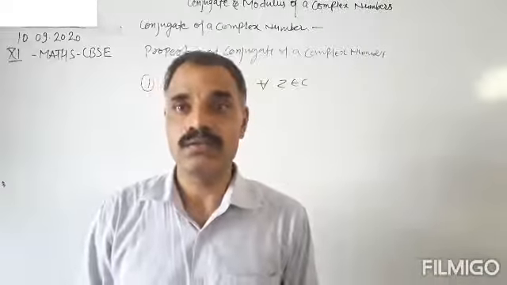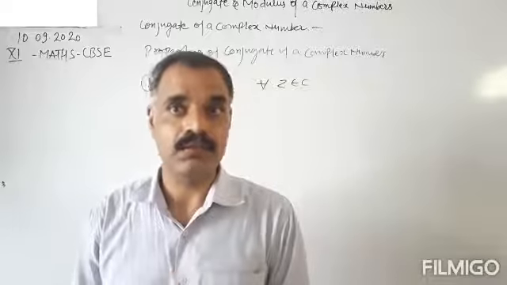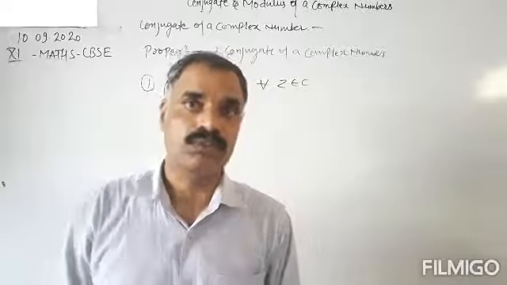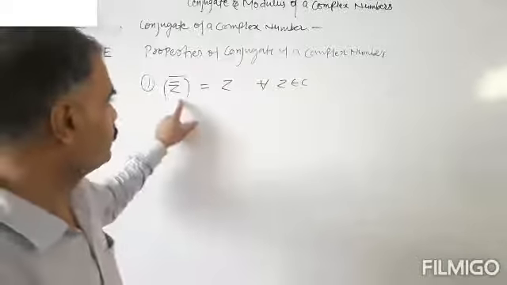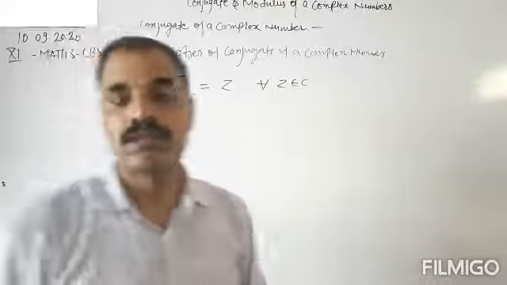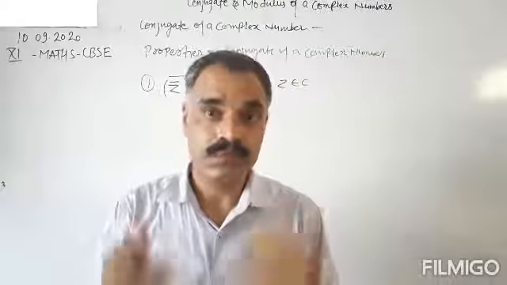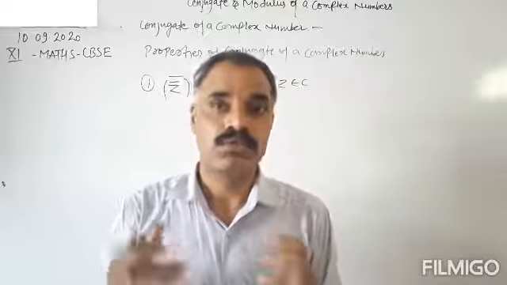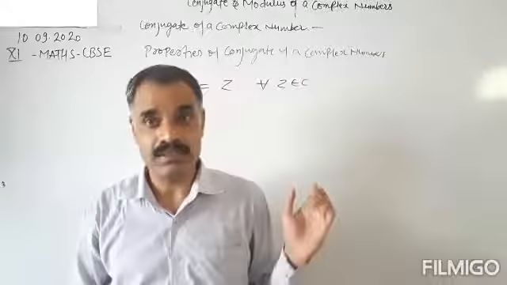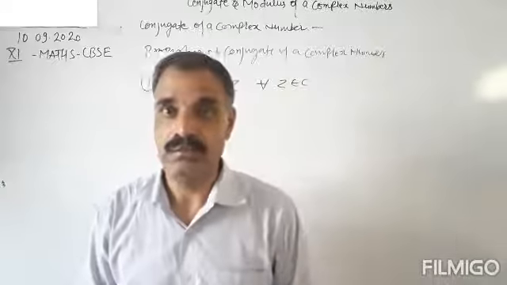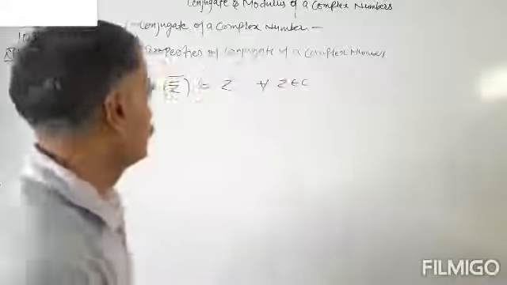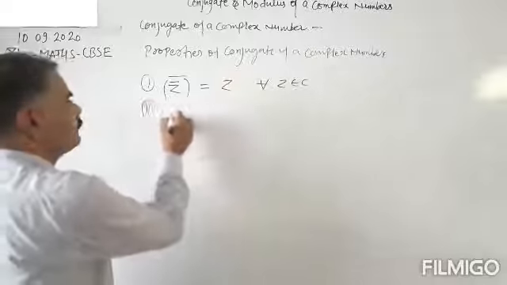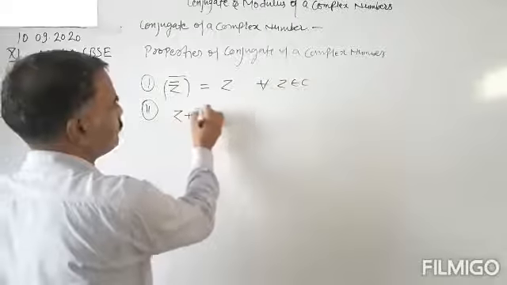Conjugate will cancel the effect of conjugate. So the conjugate of z bar is equal to z. This is the first property of the conjugate of a complex number. This can also be proved.